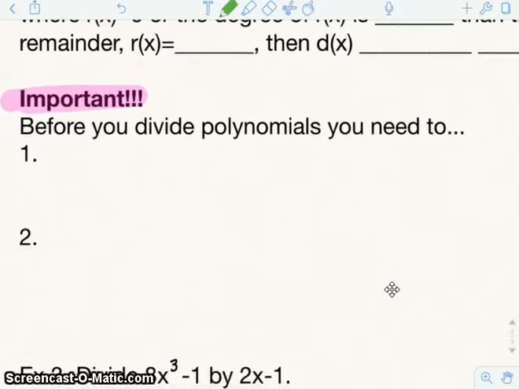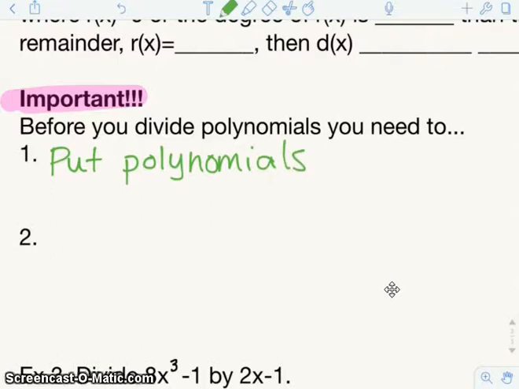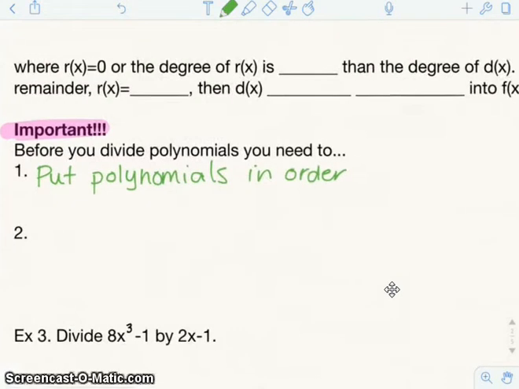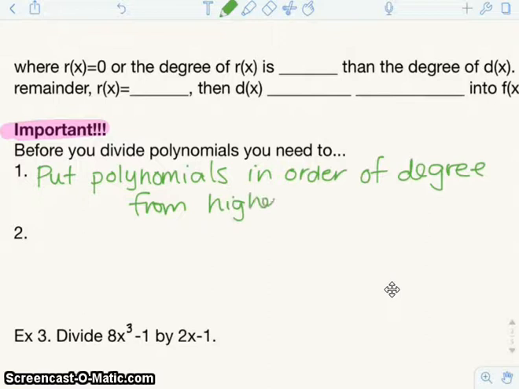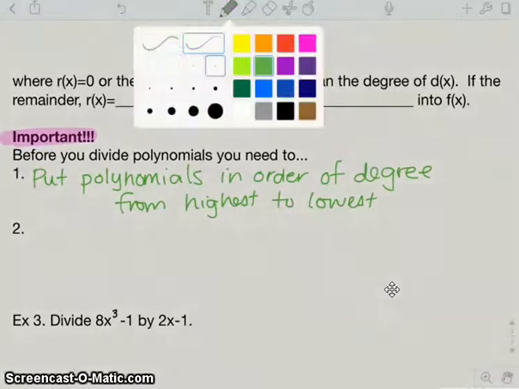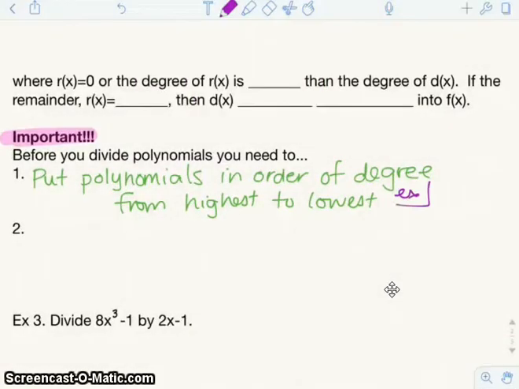And the first thing you need to do is put your polynomials in order of degree, from highest to lowest. So here's an example. You want them to look like this.